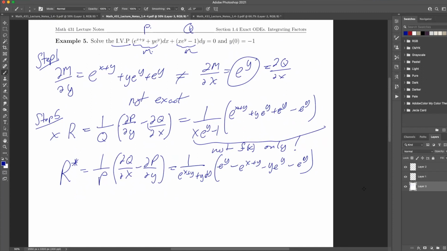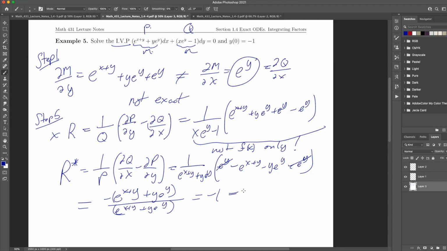Now, at first glance, this looks like a big mess, but it actually cancels out decently well. This cancels with this. And so here, this is equal to minus e to the x plus y. And I'm going to pull out the negative sign. x plus y e to the y. And so this just equals to minus 1.